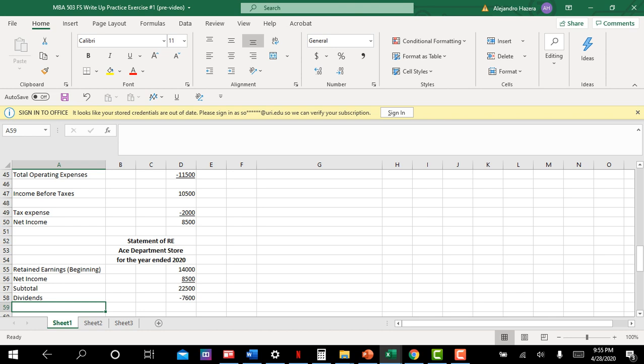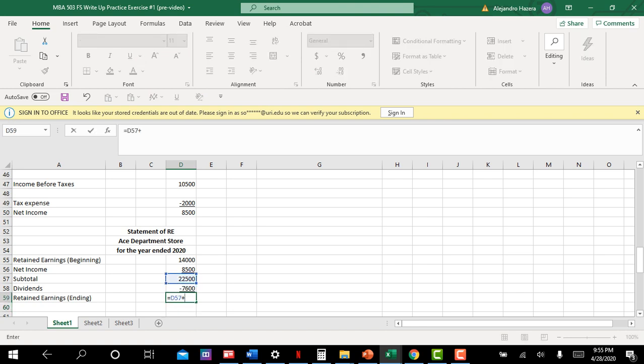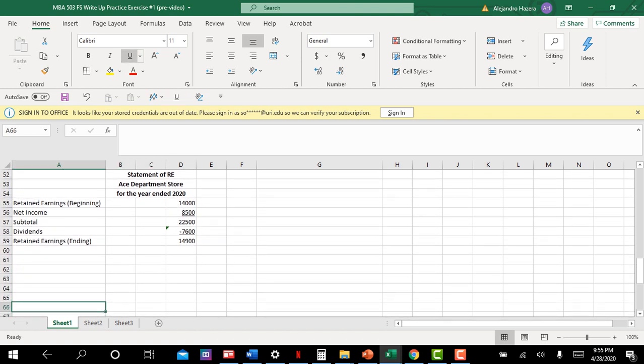This is going to be your retained earnings, but I'm going to change this to ending. Your ending retained earnings will be a subtotal: the 22,500 plus a negative, really minus. So your ending retained earnings are 14,900.